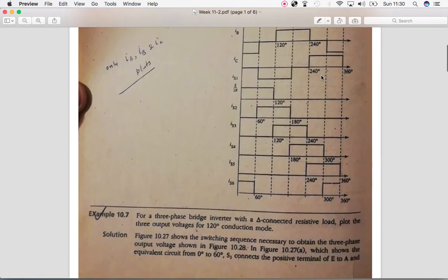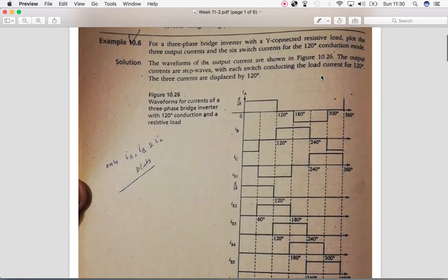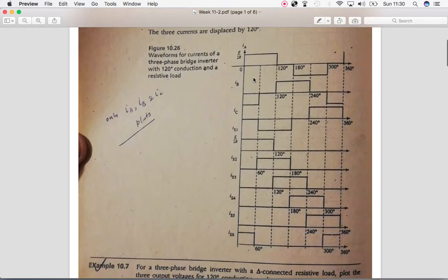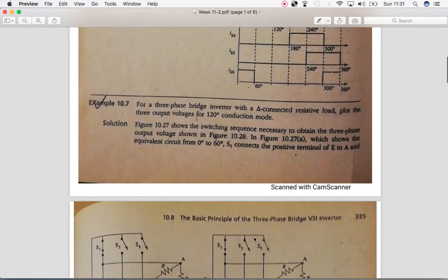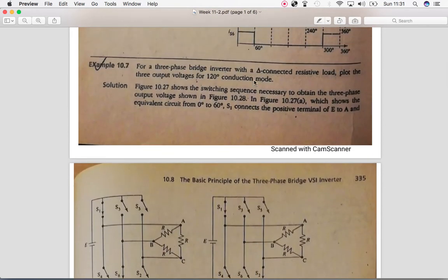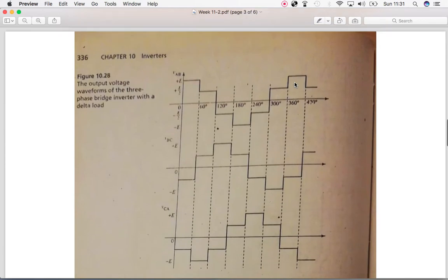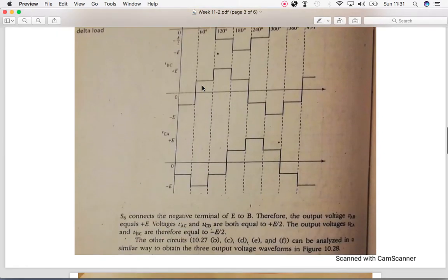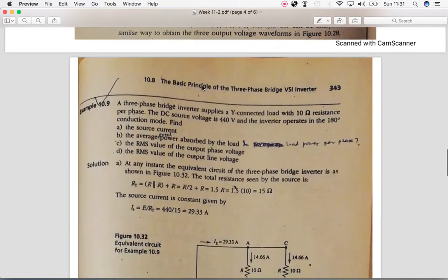I have already given you a lecture on that, and you are able to draw the waveforms of all the currents on the load side and on the switches. Similarly, for the delta load, you are also required to draw the waveforms of all the voltages and currents. You can do it by yourself.